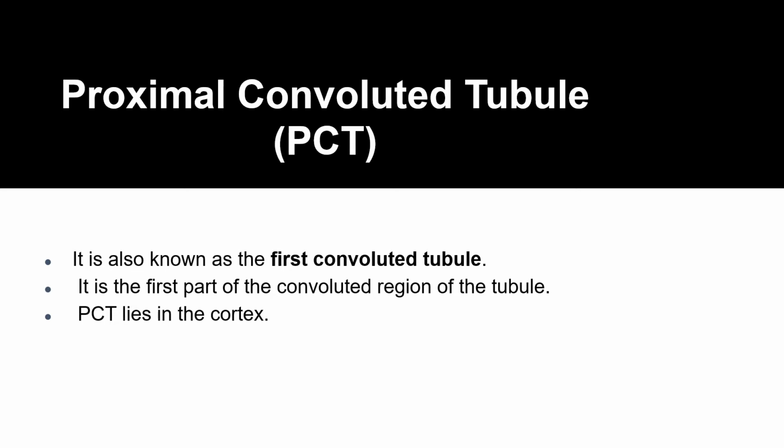We discussed in the previous video the structure of the kidney, which has two different parts: the outer part, called the cortex, and the inner part, called the medulla. So this proximal convoluted tubule lies in the cortex region of the kidney.